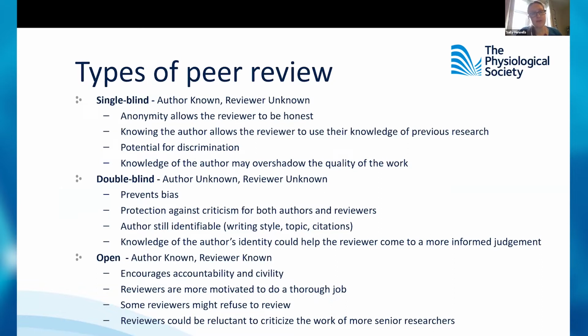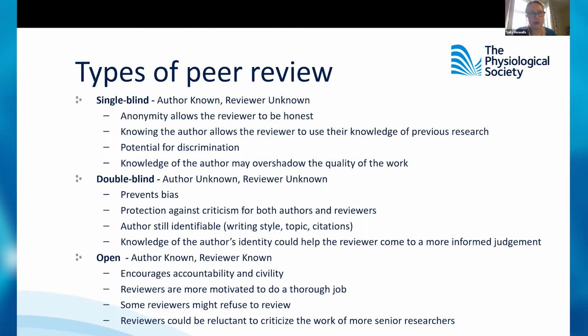As for the types of peer review, most in life sciences are this top one, single blind. It's where the referees know who you are, but you don't know who they are. There's also double blind, where no one knows who they are, and also completely open, where everyone knows everyone. As you will see from the little bullet points below, each of these has pros and cons. One of the things that I think has stopped people being double blind is that it's really difficult to ever be truly blinded.